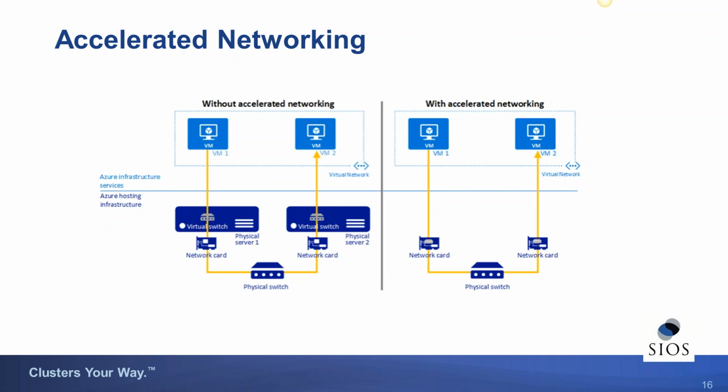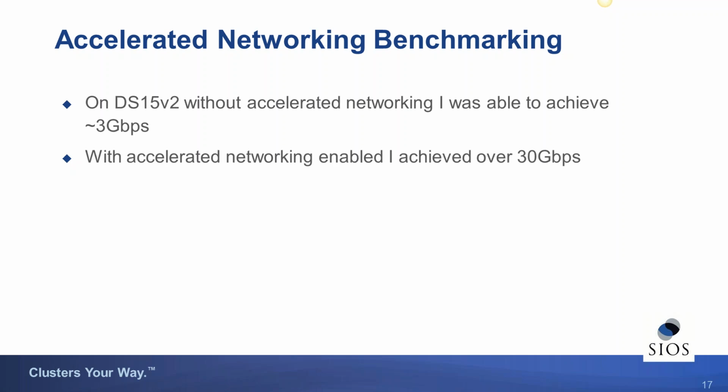And Microsoft claims some really extraordinary gains in network throughput by enabling this. And they're advertising, I think, 25 gigabits per second with accelerated networking as a possibility.